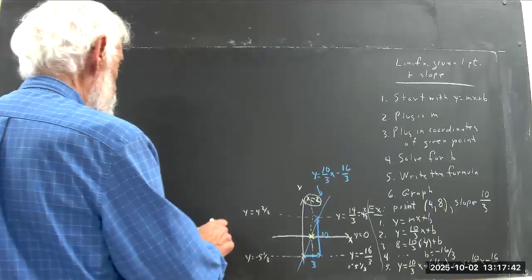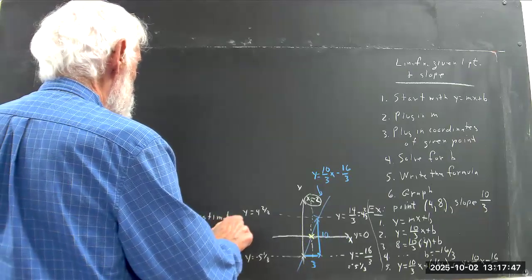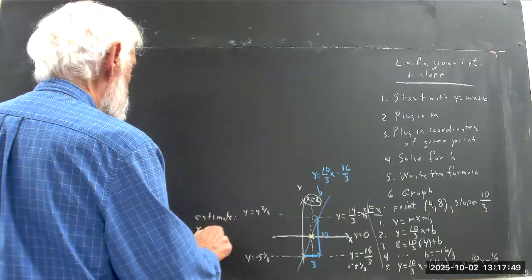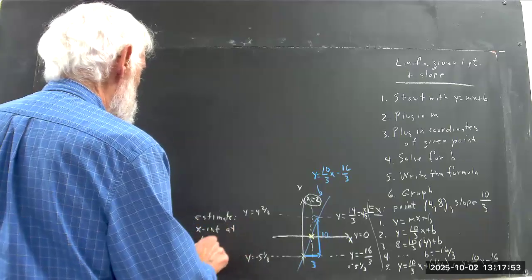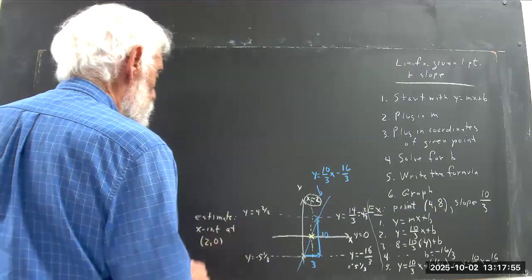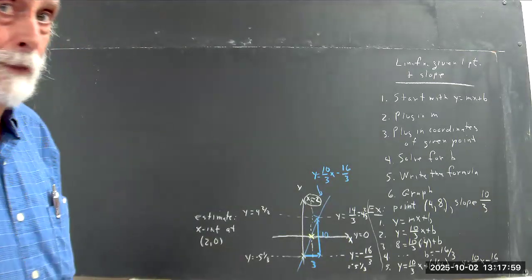So just from the picture, we estimate the x-intercept is at 2, 0. Okay.